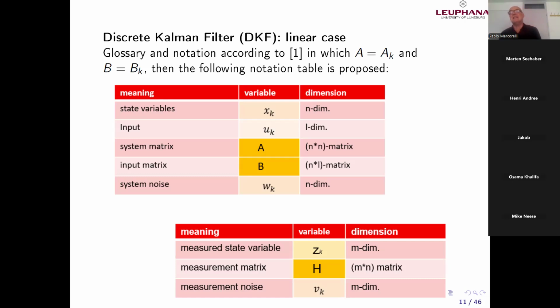System matrix A is the matrix n times n. We have seen also now, with two states, we have 2 times 2. The matrix B, and this is interesting, has dimension n, which means it consists of n rows and L columns, where L is the number of inputs. What about w_k? w_k is new in our notation because it represents the system noise or the model noise, you can call it as you want, which has the same dimension as vector x.